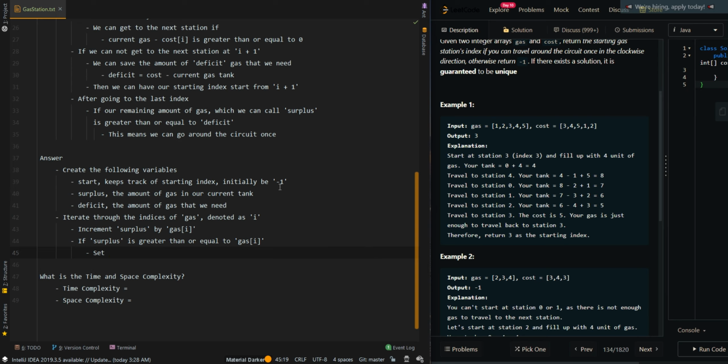Actually, our starting index can start from 0, and then we can update it as we go. If surplus is greater than or equal to the current cost, we can go to the next station, so we decrement surplus by the cost of getting to the next station.